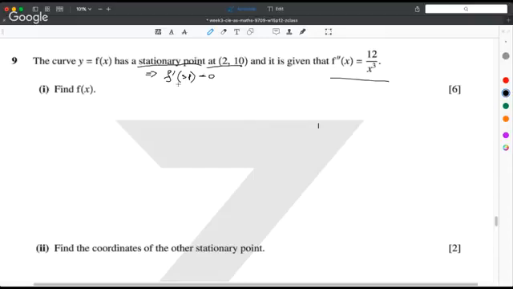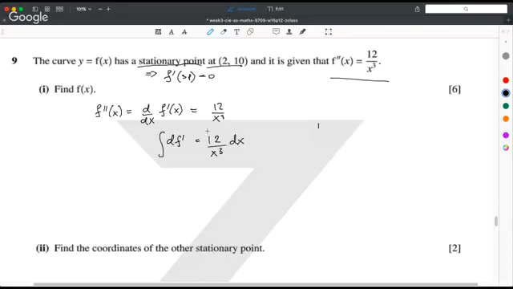And the first job is to integrate once. So f prime prime of x is the same thing as d dx of f prime of x. So you've got the first derivative and you're differentiating it again, which gives you the second derivative. And this is equal to 12 on x cubed. Separation of variables. So df prime is equal to 12 over x cubed dx.